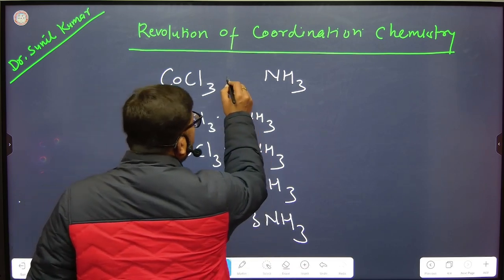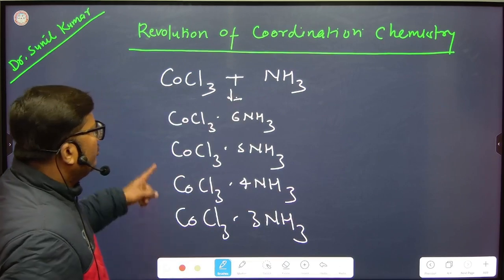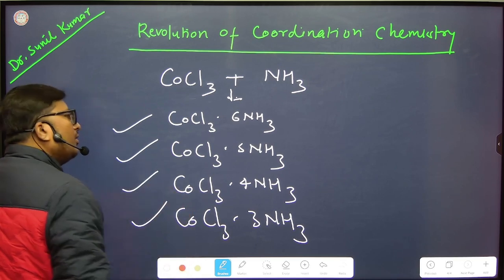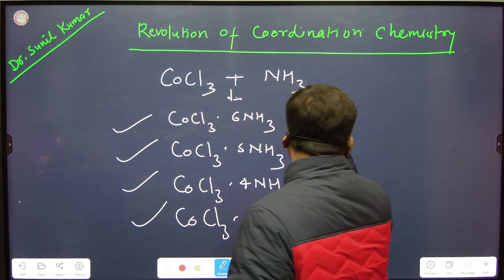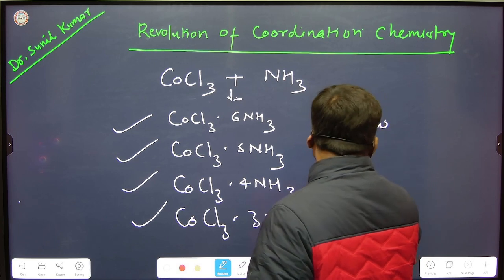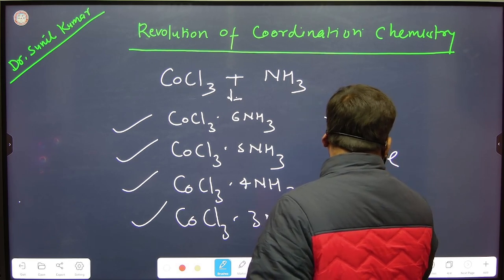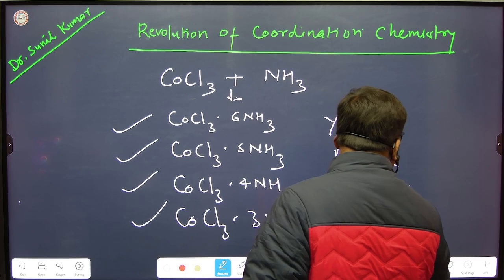Okay, right. So these four compounds actually have different colors. So this is yellowish color, right? This is purple and this is green and this is blue green.